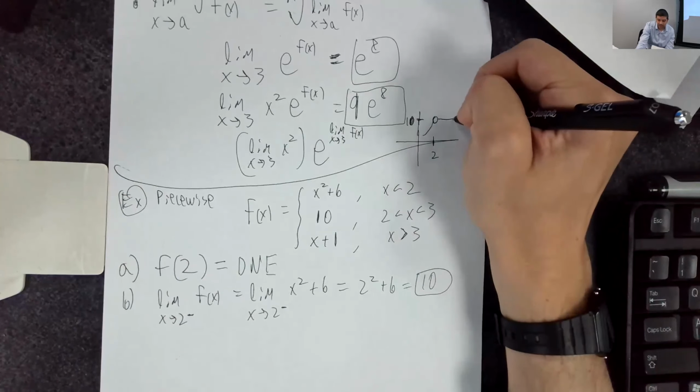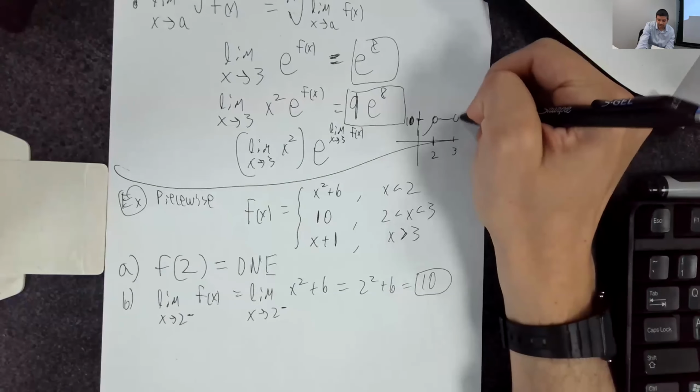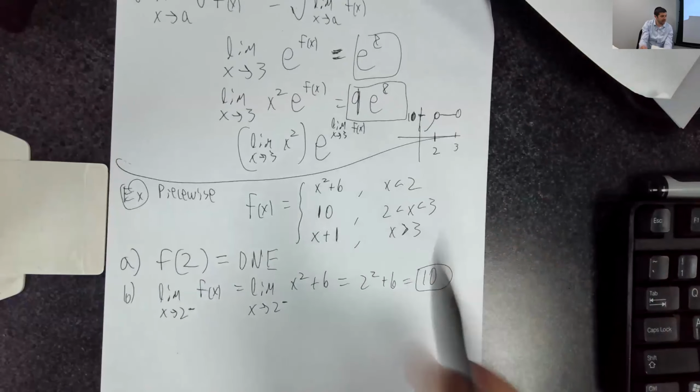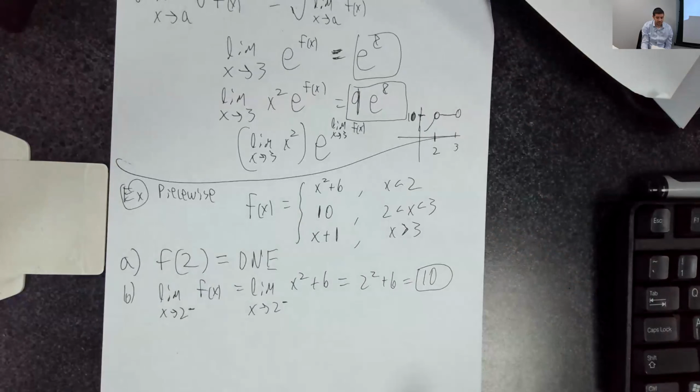So if I really wanted to graph this, I would graph something like this. But it could be anything after 2. This is just what's happening to the pattern to the left of 2, going towards 2. Yeah, good question. Does that answer it?